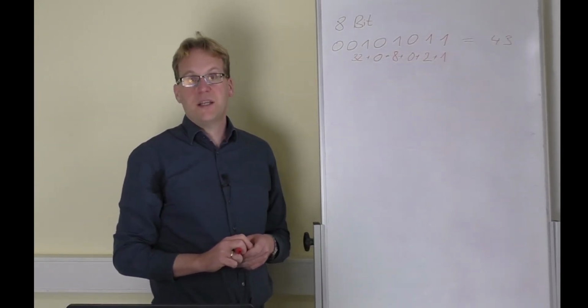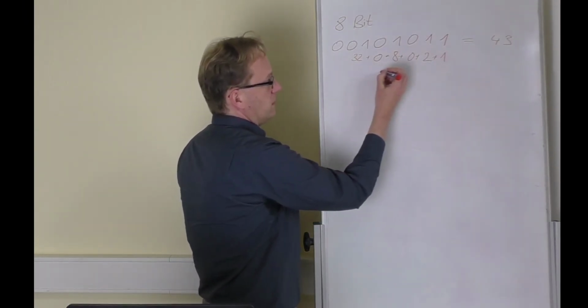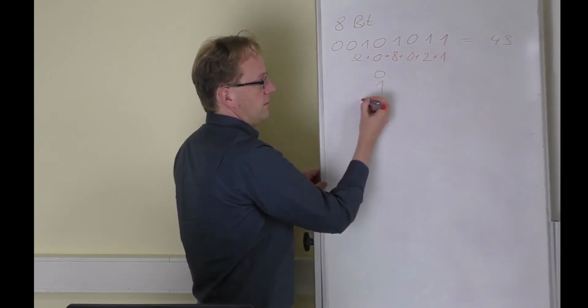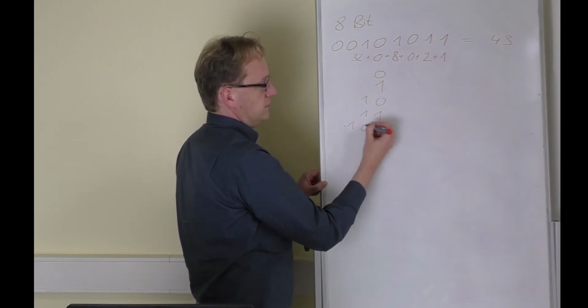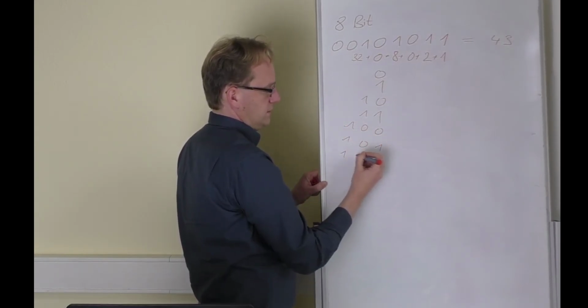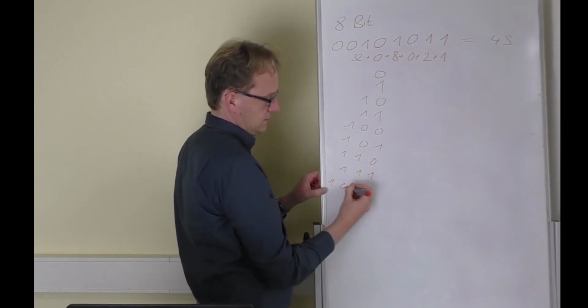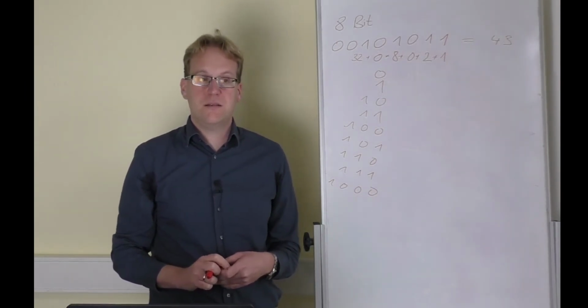Yeah, and you see, we can count like this. This is 0, this is 1, this is 2, this is 3, this is 4, this is 5, this is 6, this is 7, and this is 8. So that's how to count with binary numbers.